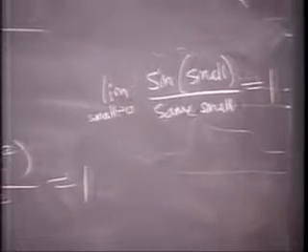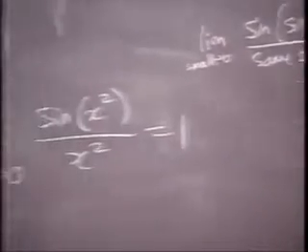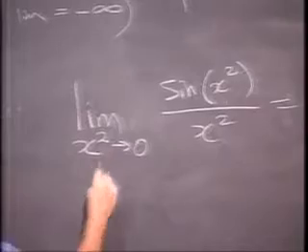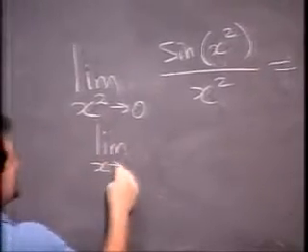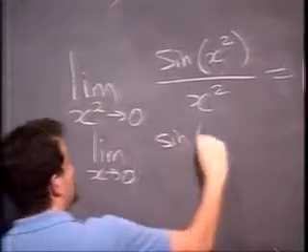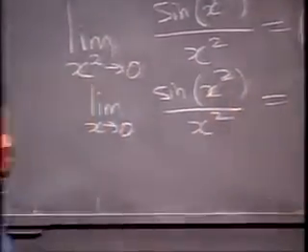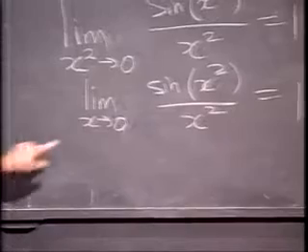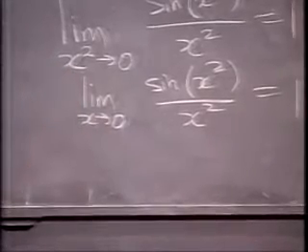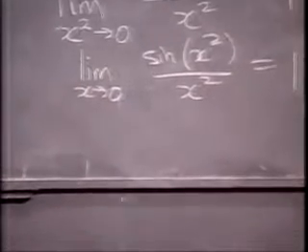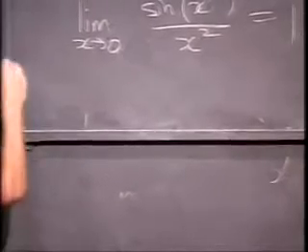Now, of course, you don't normally want to write limit x squared goes to 0. The nice thing is that you can just write the limit as x goes to 0. So as long as these match, you're in great shape. As x goes to 0, also x squared goes to 0. But you've got to be a little bit careful sometimes. Look at this.